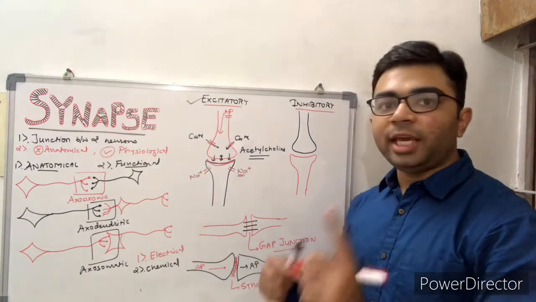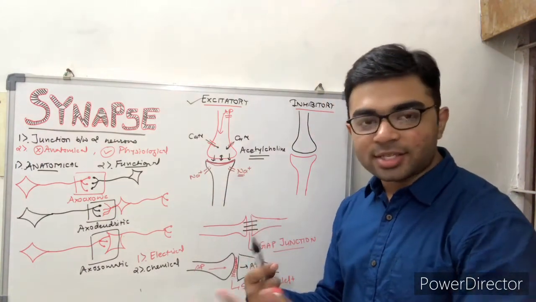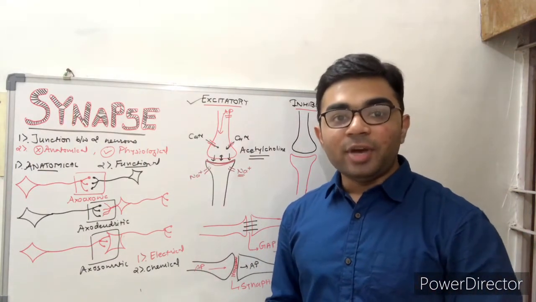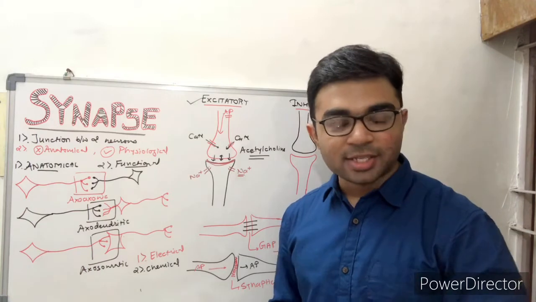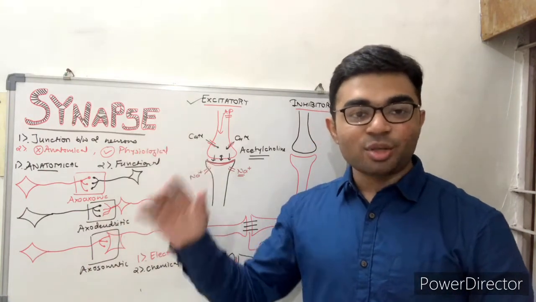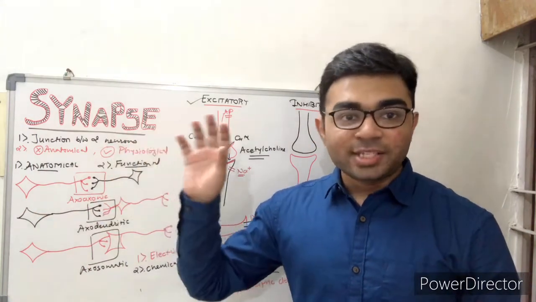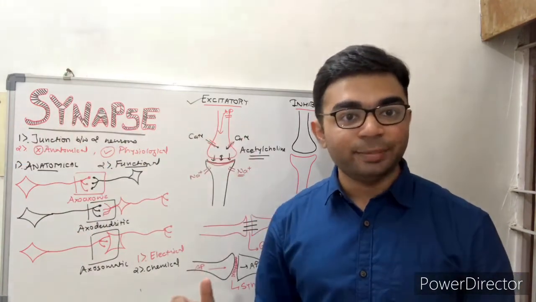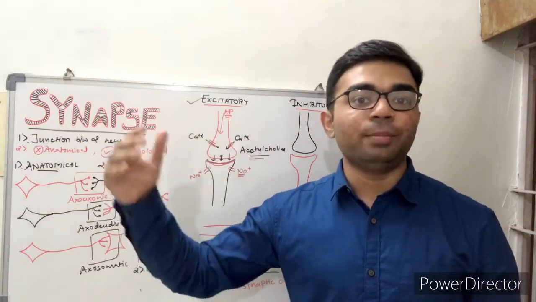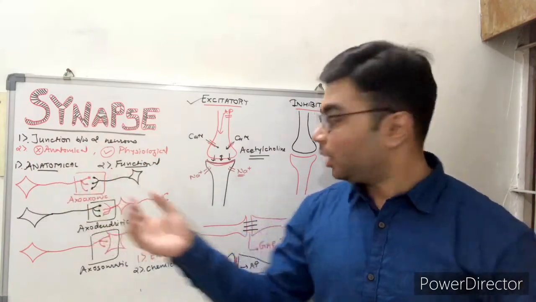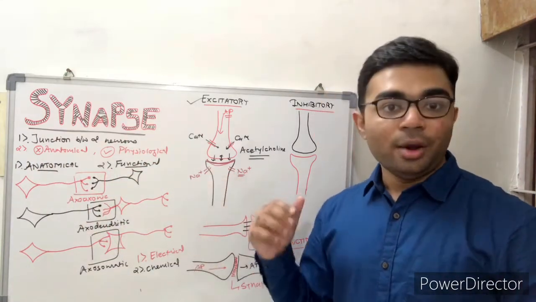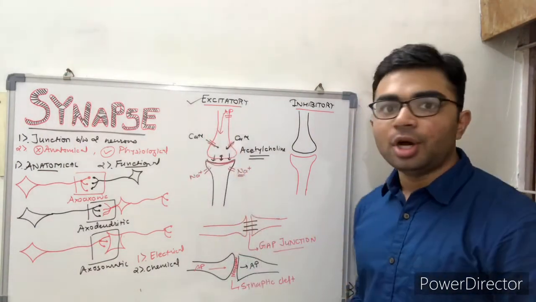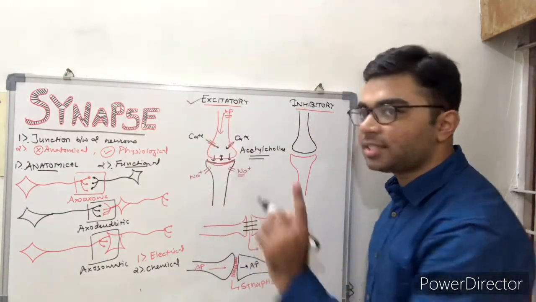So there will be influx of sodium ions, and I told you in my video of action potential that whenever there is entry of sodium ions, positivity increases, which directly indicates that depolarization is increasing, and that depolarization causes the action potential to propagate to the more distal portion. So this is how the excitatory neurotransmitter works through the synapse.